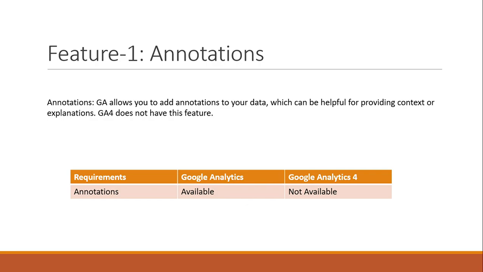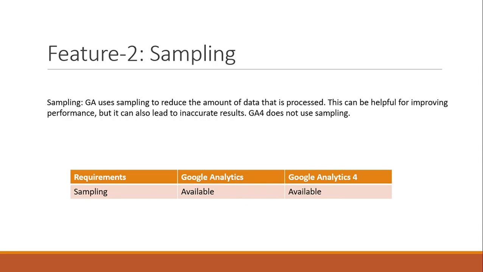Because of that, we are able to clearly identify the reasons behind the scenarios. But in GA4, this is not possible at this point of time because we don't have annotations anywhere. So this could be one of the possible features where Google can focus and come up with in the upcoming times.